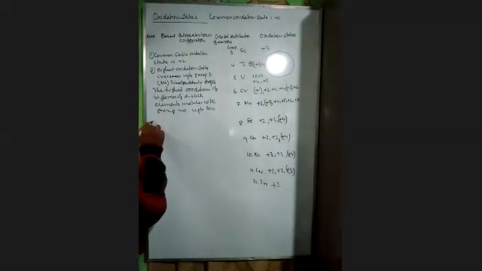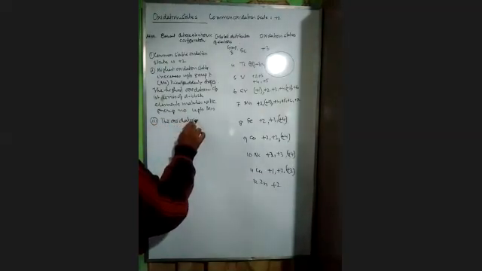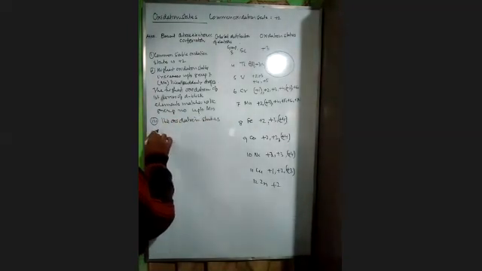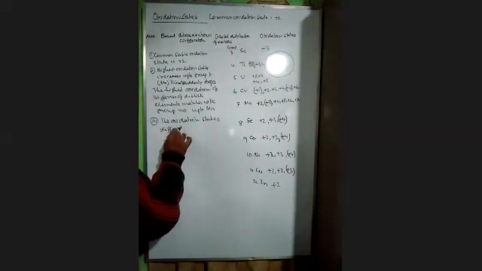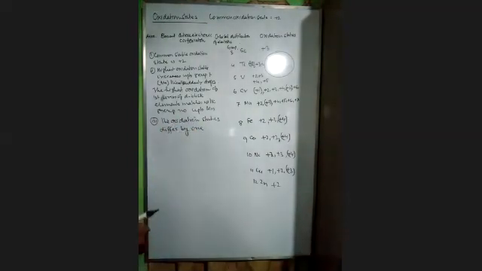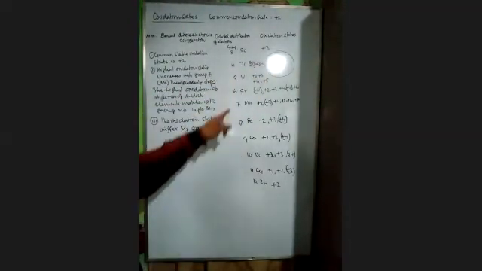Third, the oxidation states differ by 1. See here: 2, 3, 4; 2, 3, 4, 5; 1, 2, 3, 4, 5, 6. So they differ by 1.